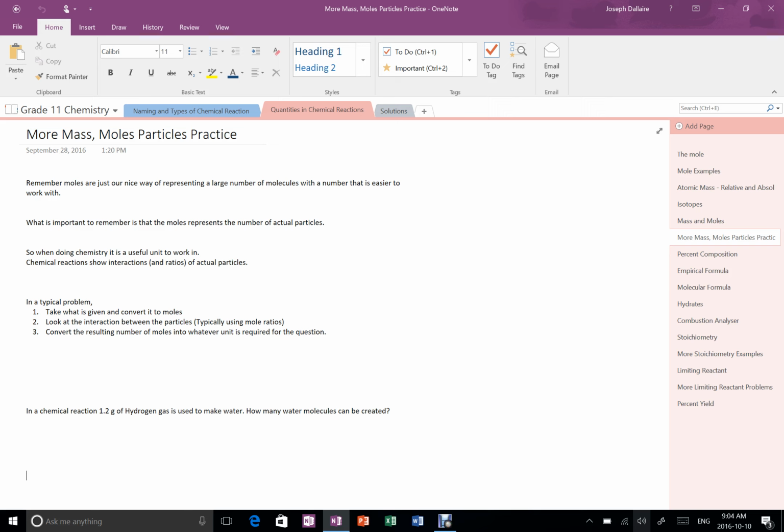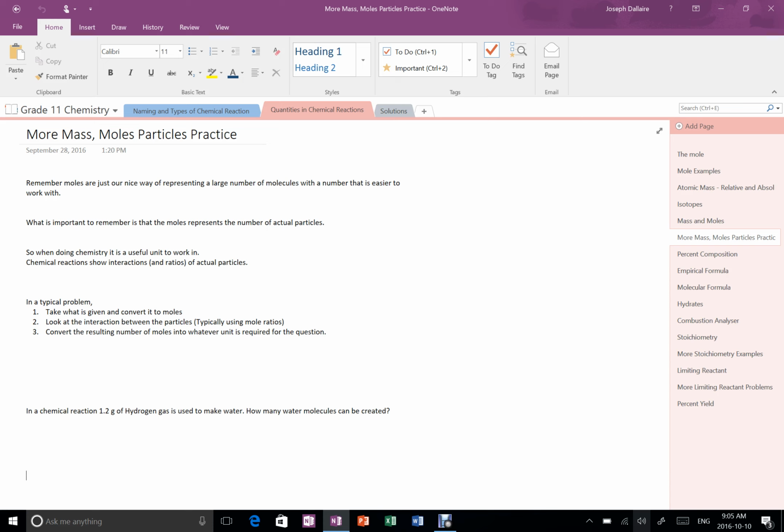So when we're dealing with chemical reactions or any other sort of chemistry which give us ratios between the number of particles, since moles are a representation of the number of particles, it's a really nice unit to work in. So in a typical problem for the whole rest of this course, we're going to take what we're given, convert it to moles, and look at the interaction between the particles in the situation that we're dealing with.